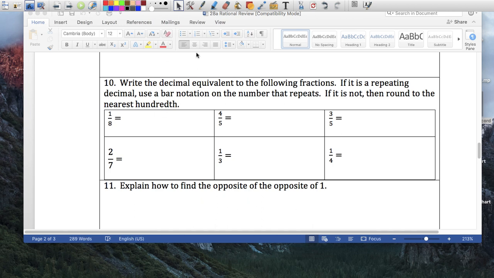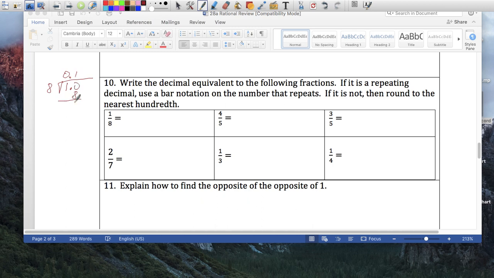Okay, so 1 over 8. I'll just do a couple. So the 1 goes inside, the 8 goes outside as your divisor. 8 does not go into 1, so you add a 0. 8 goes into 10 one time.